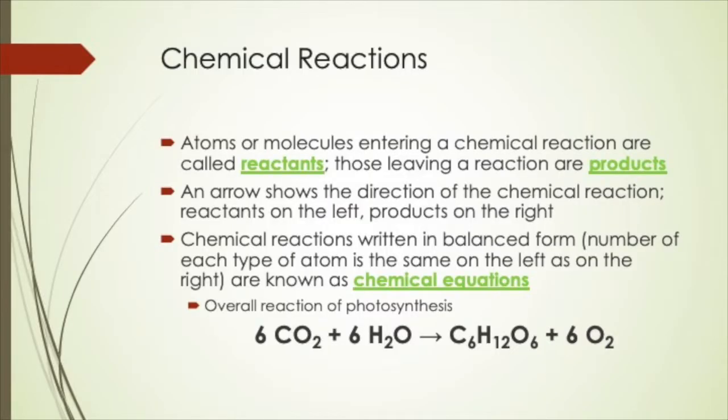In any other type of chemical reaction, the atoms or molecules at the beginning are called reactants, and those leaving the reaction are called the products. Right? So if you have the enzyme, at the beginning it's called the reactant, at the end it's called the product.